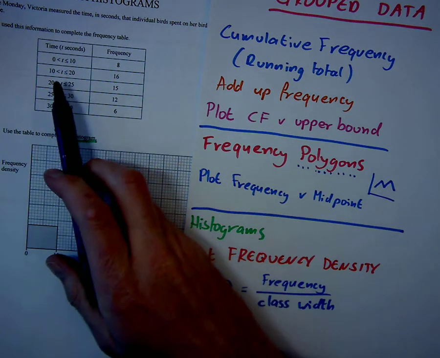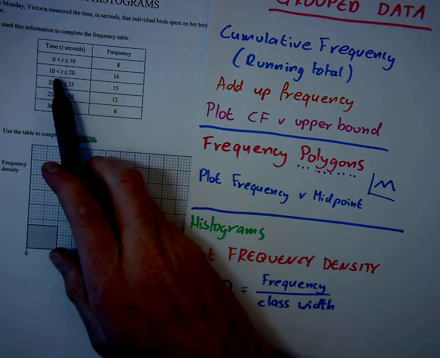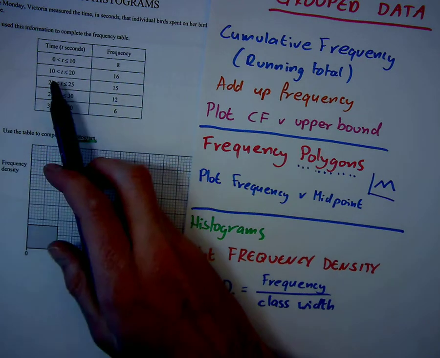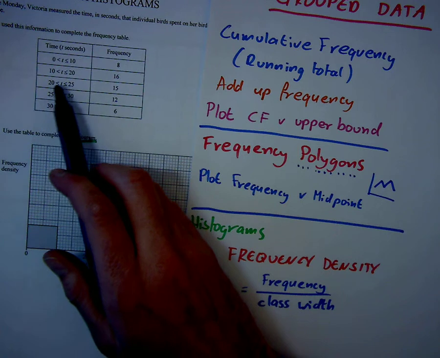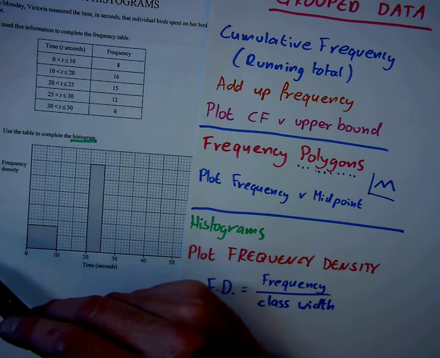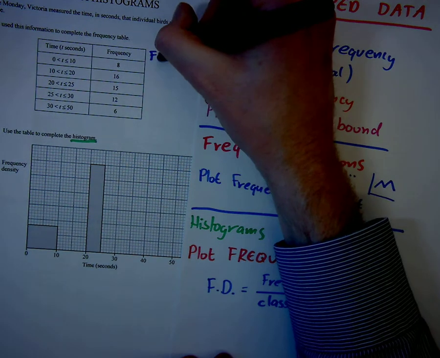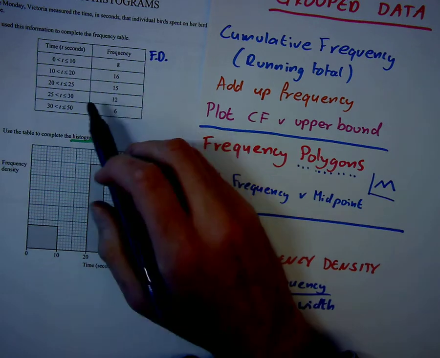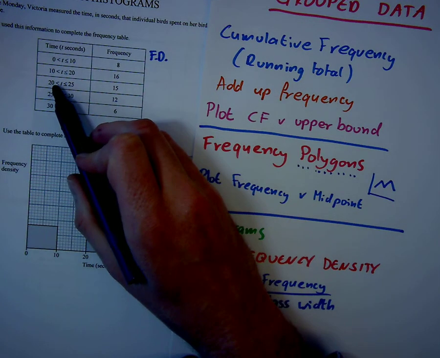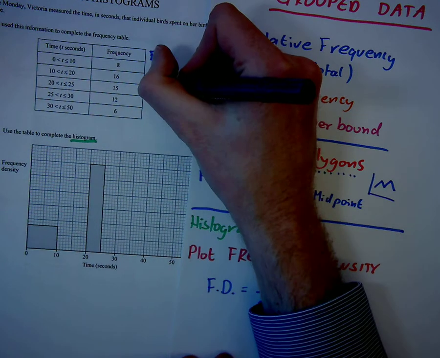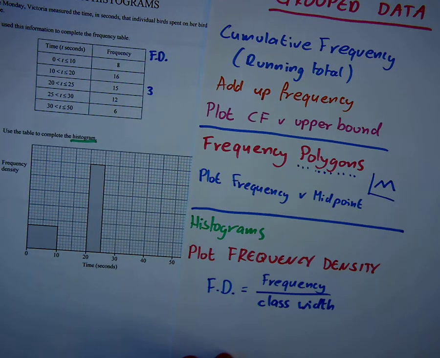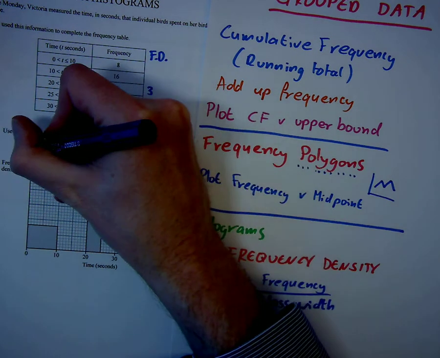For example, if we look at the group 10 to 20, there's a difference of 10 between them, so the class width is 10. Here we've got 20 to 25, a difference of 5, so the class width is 5. So if we were working out the frequency density here, we've got the frequency divided by the class width, so 15 divided by 5, which would be 3. And as we see, this is going to be 3 up the side.